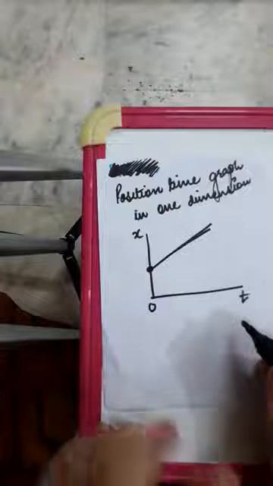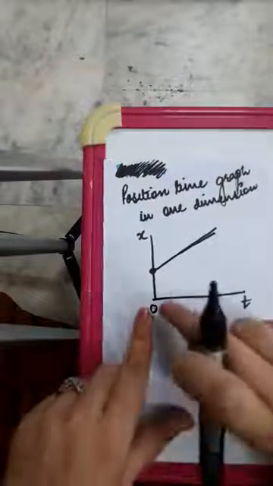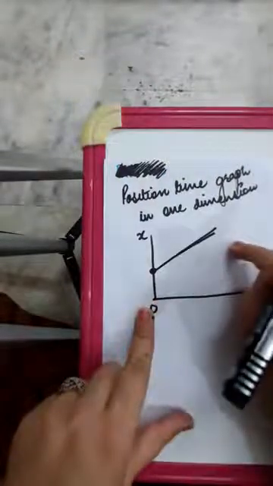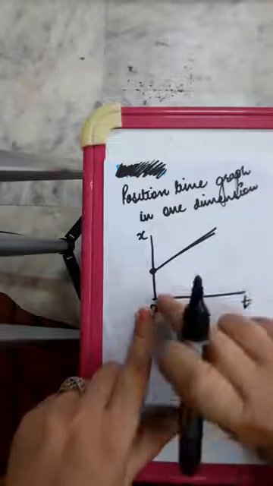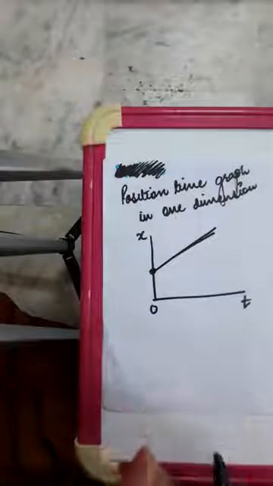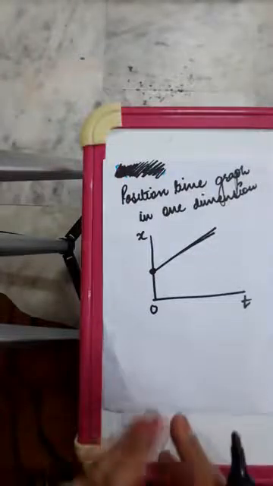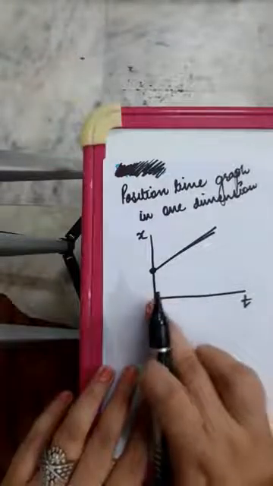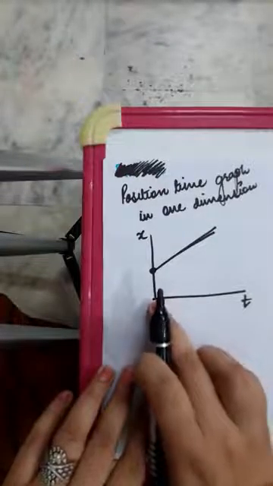Always remember that there are two situations. When the graph starts from the origin, that means the motion of the object has started just in front of the observer, or you can say that the object was lying at the origin only.